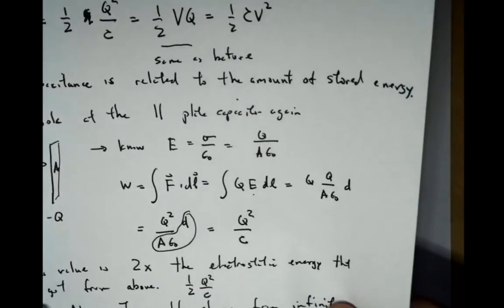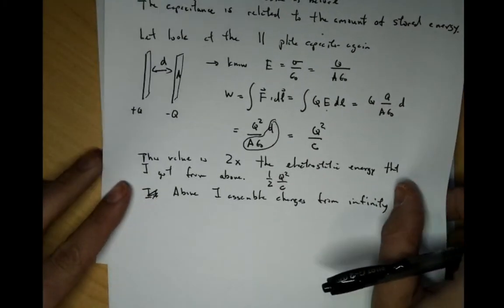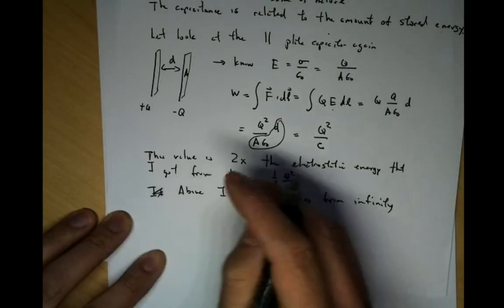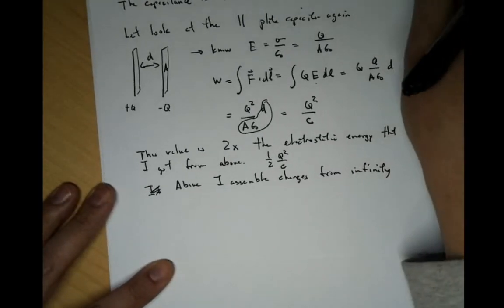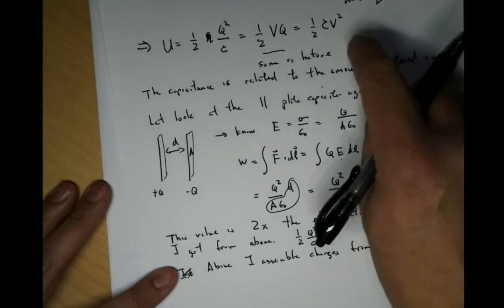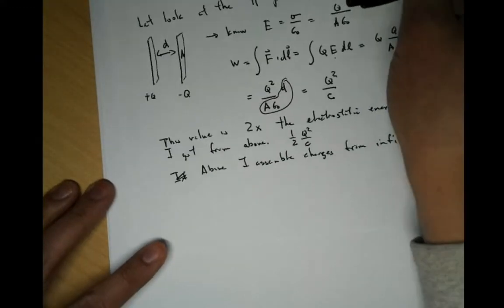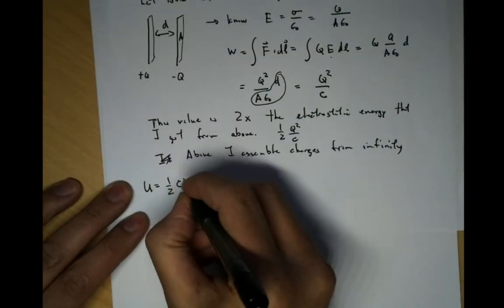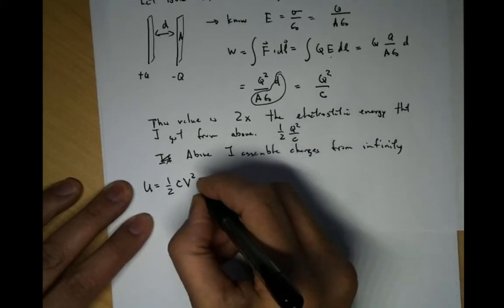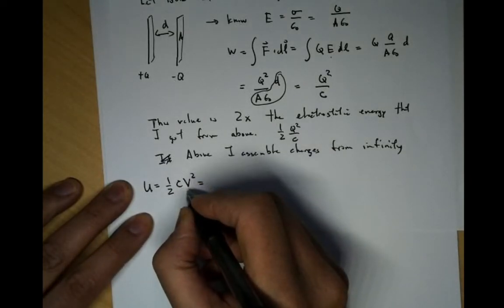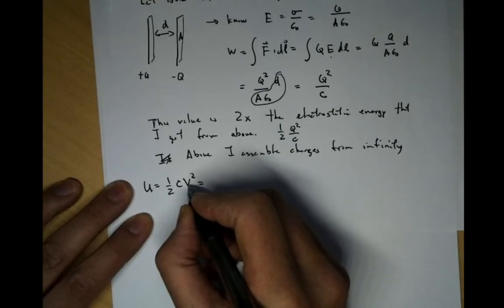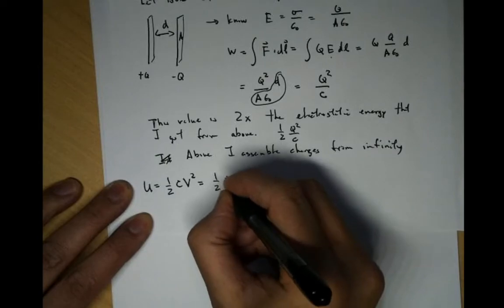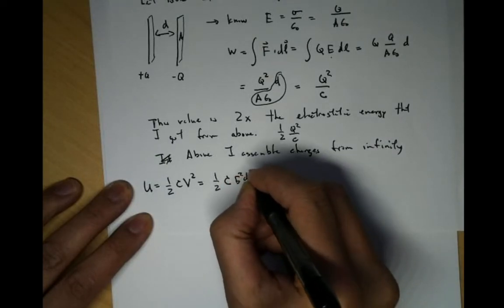One thing I will note is the following. I'm going to look at this way of writing it. So U is equal to 1/2 CV squared. Well, what's the way of writing CV squared? CV is just the electric field times d. So it's basically 1/2 C E squared d squared for this parallel plate.